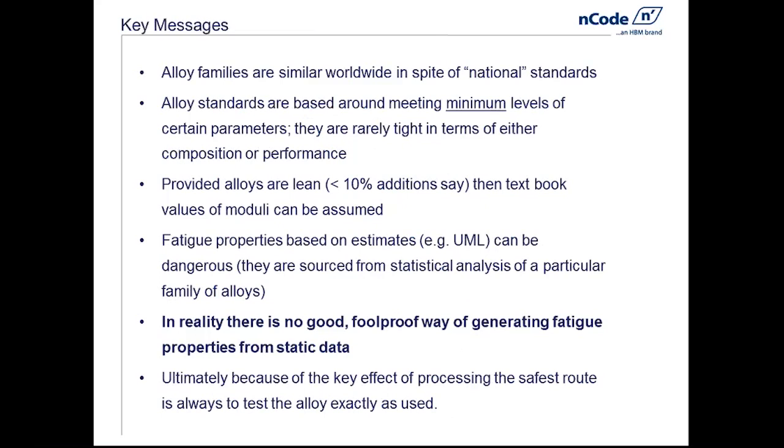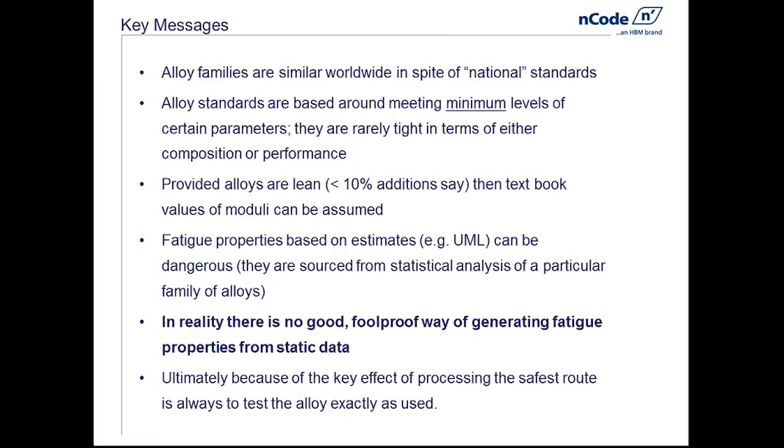So my key messages to leave you with are that the alloys are similar wherever you are in the world, despite the national standards. But a warning on standards: they're very useful in that you can specify and buy according to them, but they are always based on minimum values, so you don't actually know what it is you're getting in mechanical terms.